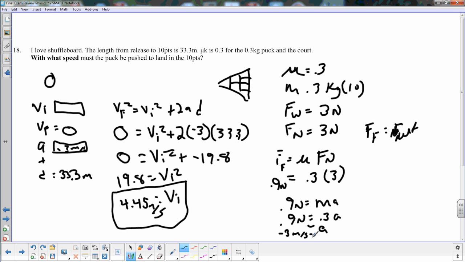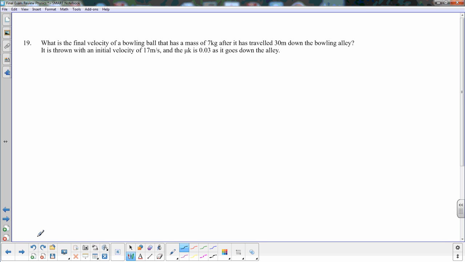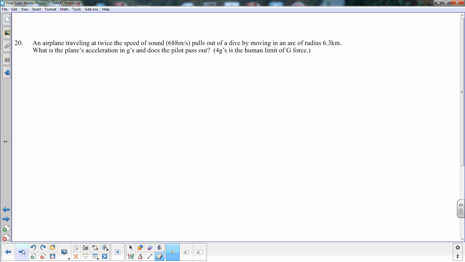Okay. So final velocity of a bowling ball that's doing stuff. So we start out with, again, our VI, VF, A, T, D. Let's find velocity of a bowling ball that has a mass of 7 kgs, which means it has a weight of 70 newtons, which means it has a normal force of 70 newtons.